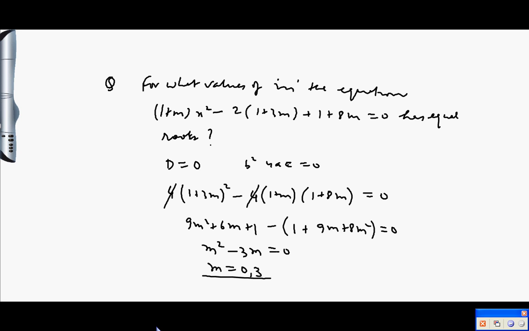So, when I use the value of m as 0 or 3 in the given equation, I will be expecting equal roots. And let me also make it very clear, when we get equal roots, we get them as real. Whenever we talk about equal roots, the roots are definitely found to be real. Now, let us go to the next question.